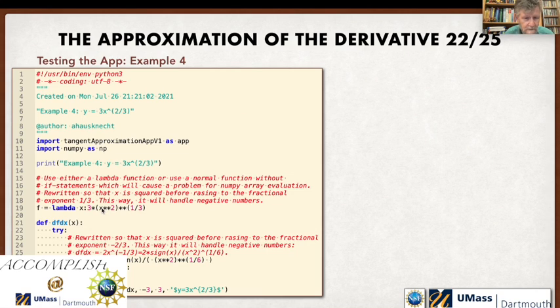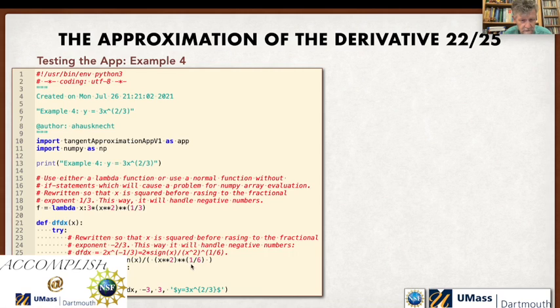Our app only can work with real numbers, so to avoid that problem, I'm squaring x first. That makes it positive, so it's safe to take its cube root. Now down here, I'm doing the same thing. I'm squaring it first and then taking its sixth root.